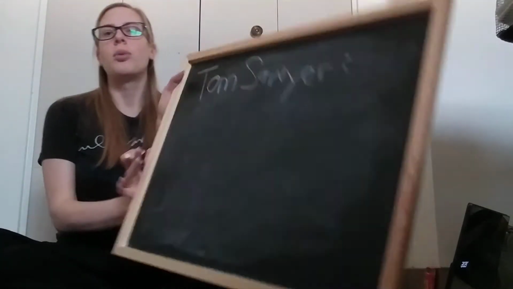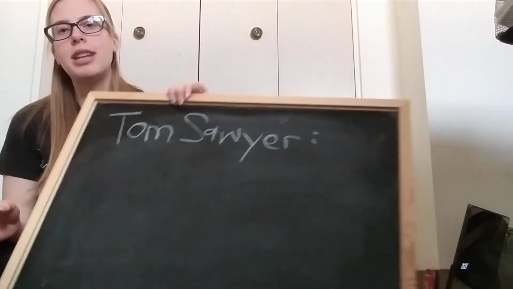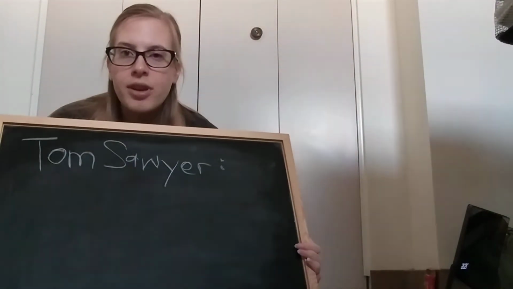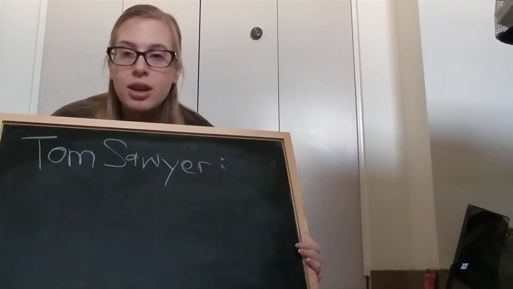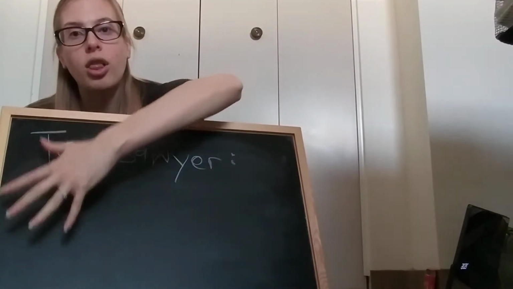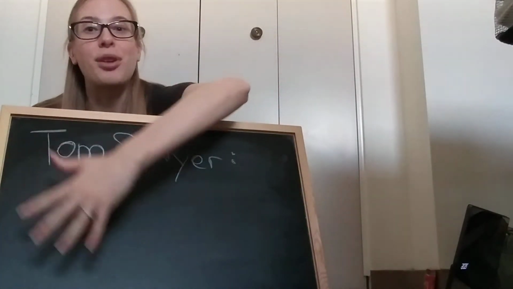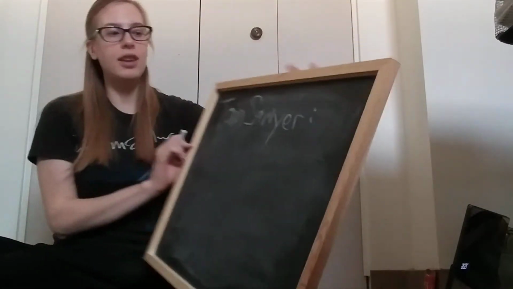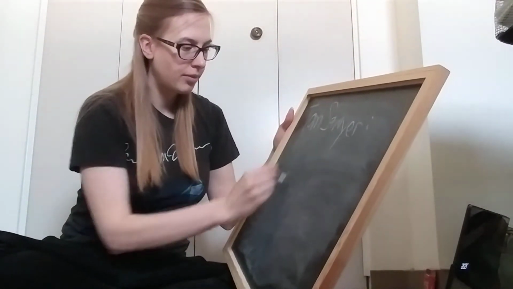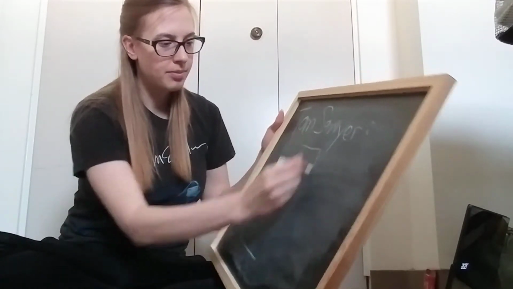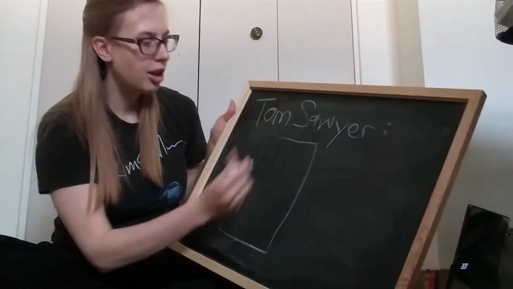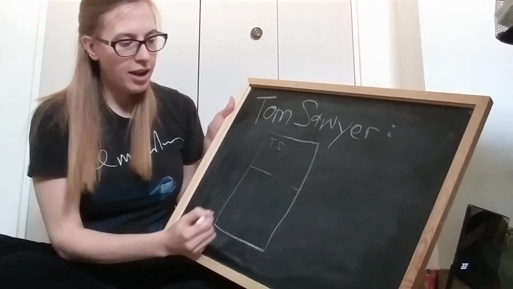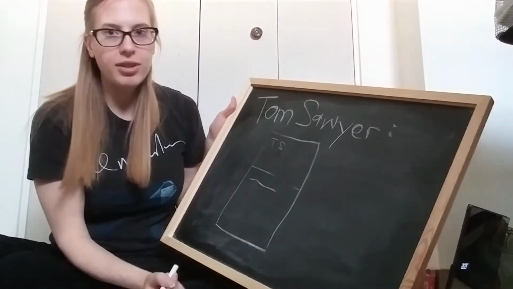Once you write his name down, I don't care how you do it, but make sure you leave enough space in your notes to have a lot of stuff written underneath his name. If this is your paper, you can have Tom Sawyer and then divide it, and then you'll have another name of a character.